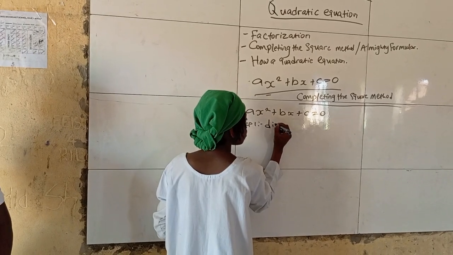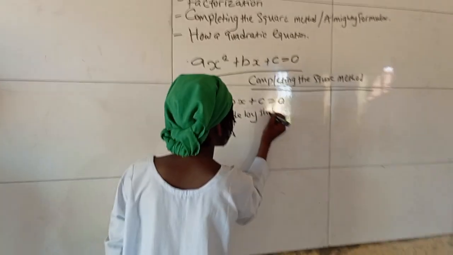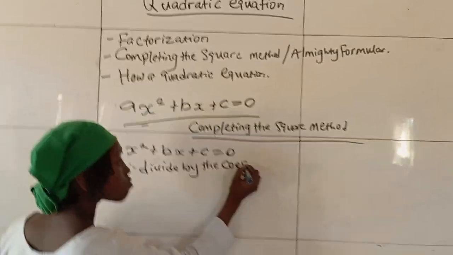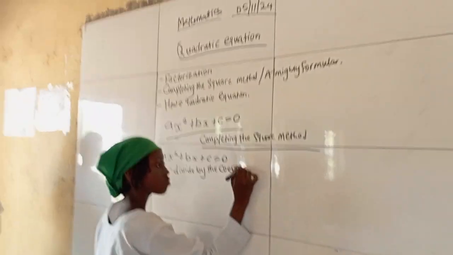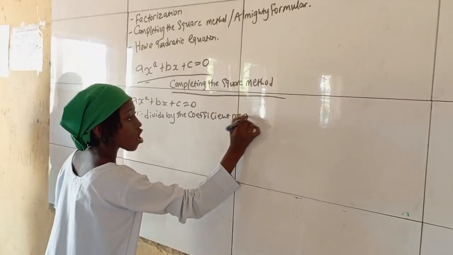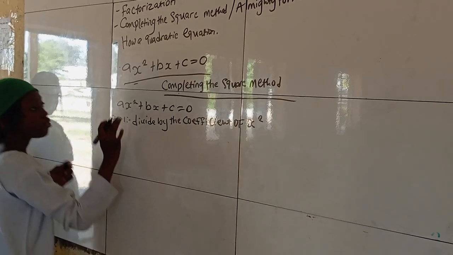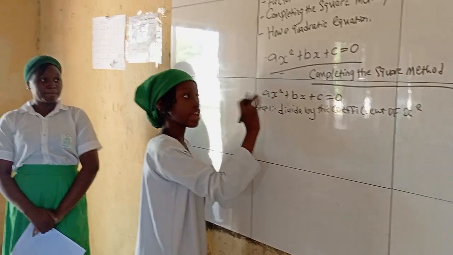We divide by the coefficient of x squared. The coefficient of x squared here is a.